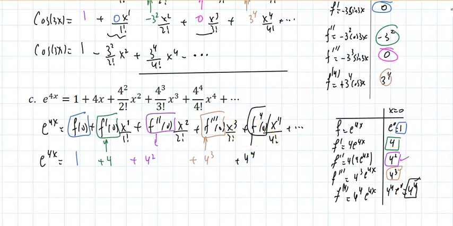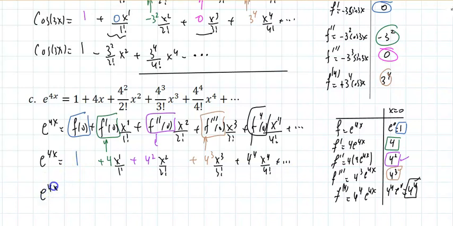So if I really look at this, that is 1 plus, this is x to the 1 over 1 factorial, x squared over 2 factorial, x cubed over 3 factorial. And don't forget, this is infinite.